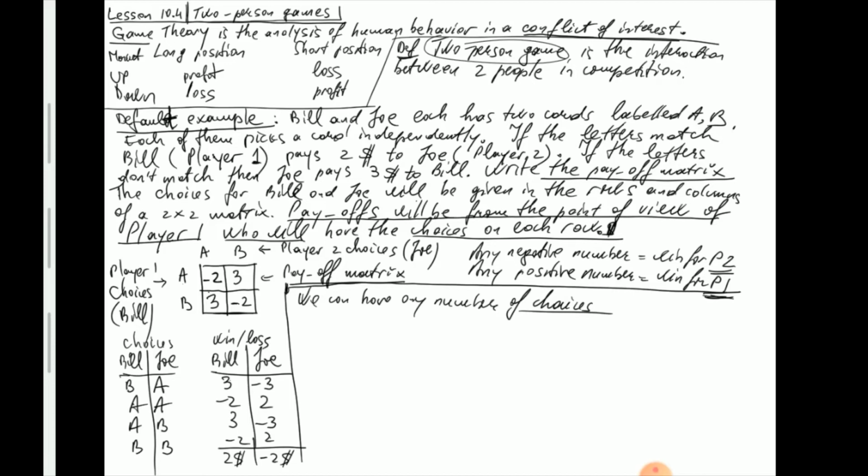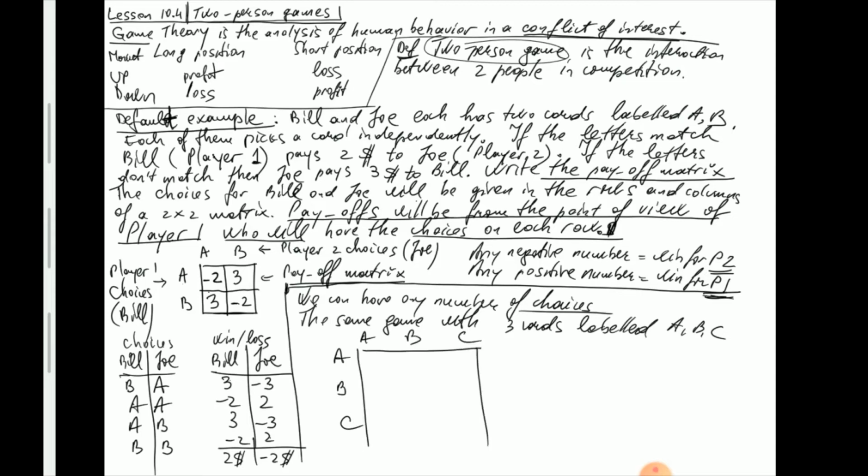So for example, let's say we play the same game with 3 cards labeled A, B, and C. So in that case, the payoff matrix, of course, will have three rows and 3 columns, right?